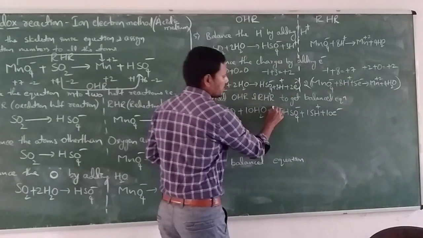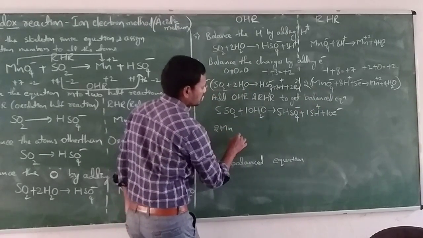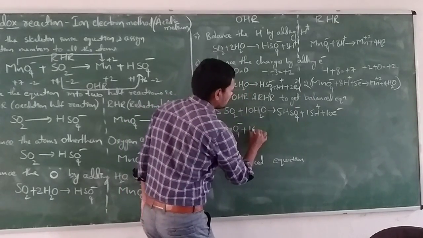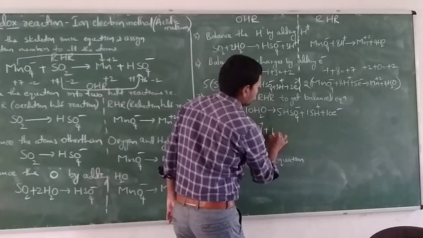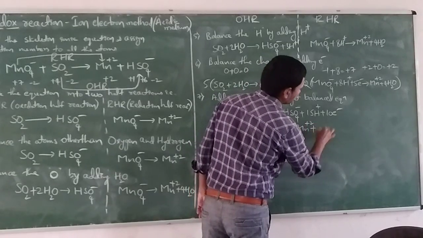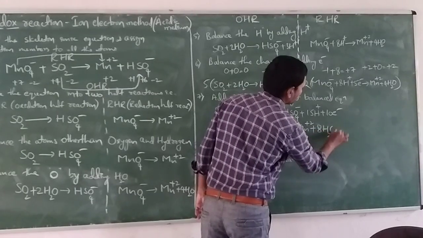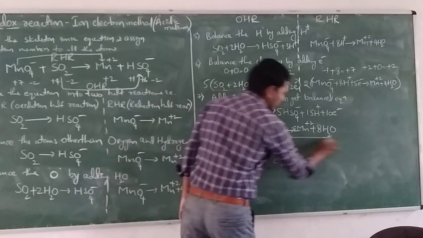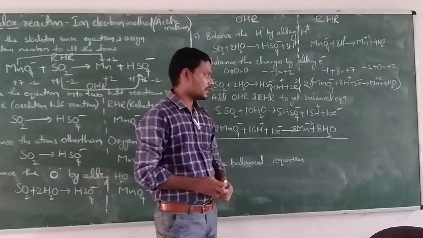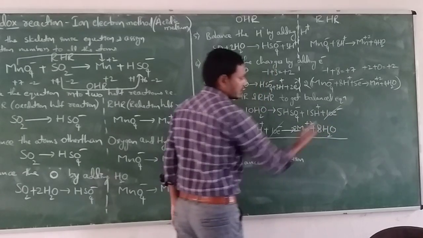Next, I am taking the 2 multiplied with 2: 2 MnO4 minus plus 16 H plus plus 10 electrons gives rise to 2 Mn plus 2 plus 8 H2O. We can add the two reactions. If the same species are there on the left side and right side, we can cancel. Here 10 electrons on the left side of the arrow and 10 electrons on the right side of the arrow.